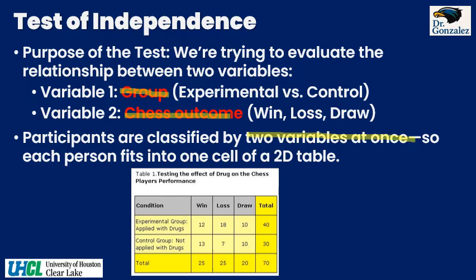So each person is going to fit in one cell of this 2D table. So they're either going to be in the experimental versus control, and then they're also at the same time either going to be in win, loss, or draw. So these 12 people right here are wins in the experimental group, and they're not going to appear in any other group. And that allows us to do this chi-square test of independence.